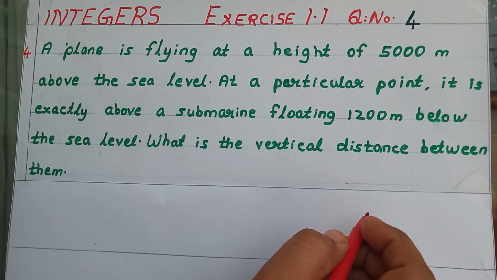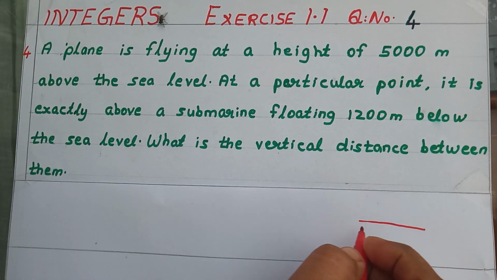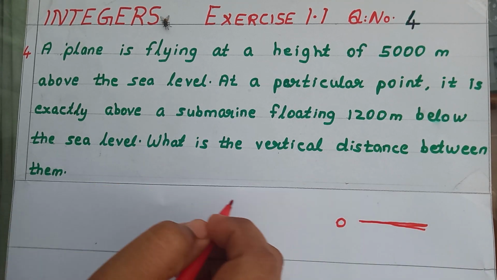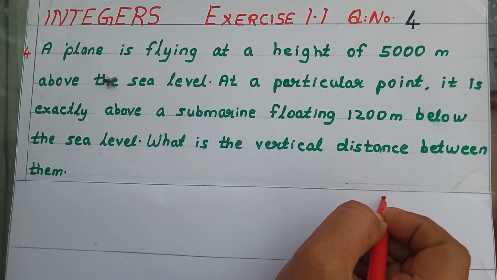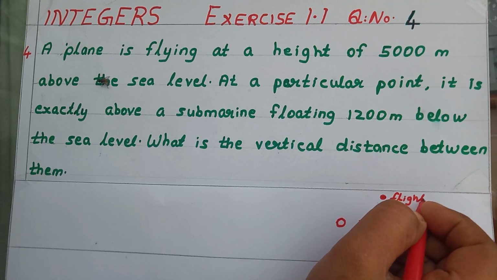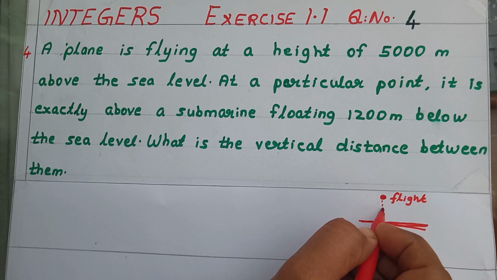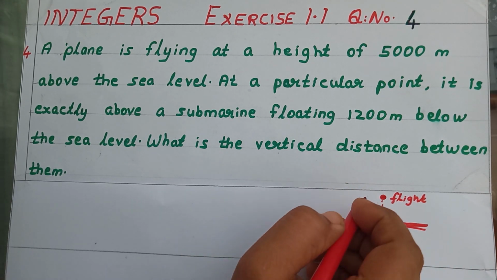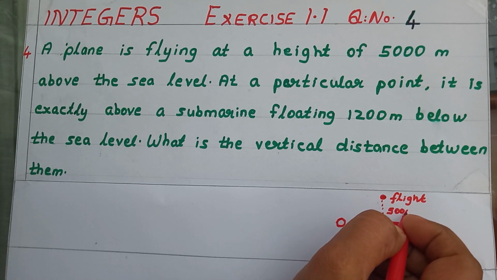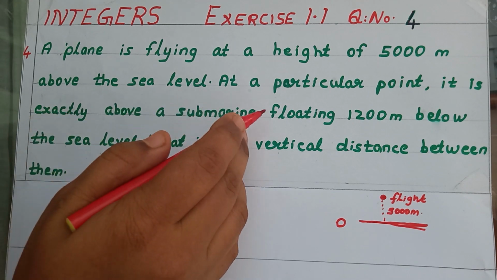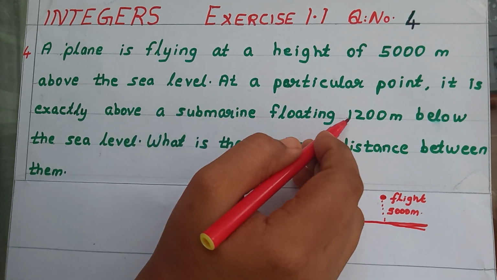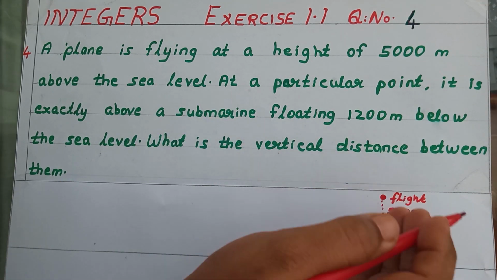See, imagine that this is our sea level and we can mark the sea level as 0. This is our flight and it is 5000 meter above the sea level. So this distance is 5000 meter, and at a particular point the submarine is 1200 meter below the sea level.